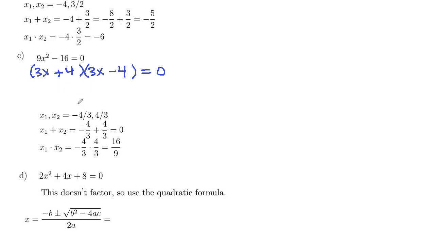That's what we wanted. So if 3x plus 4 is equal to 0, or 3x minus 4 equals 0. So here, bring the 4 over as a negative. 3x equals negative 4. And then divide both sides by 3.